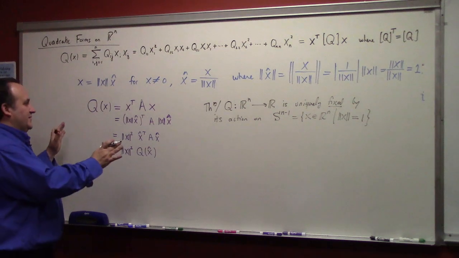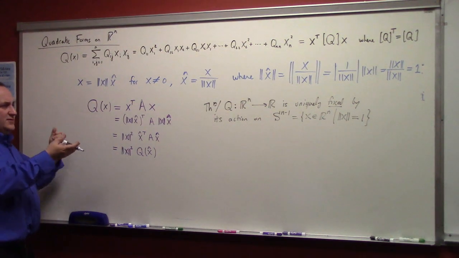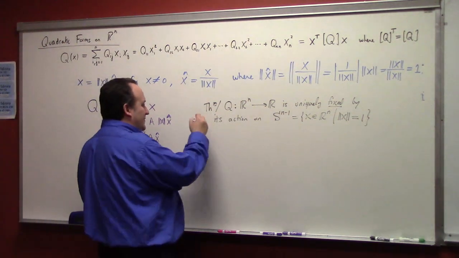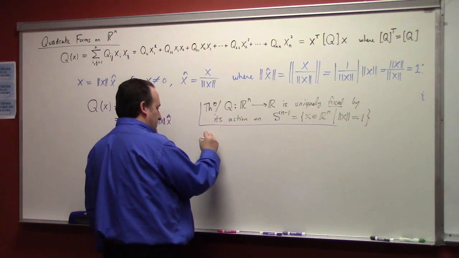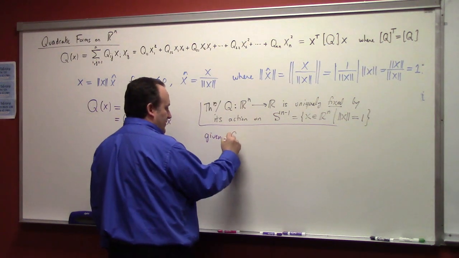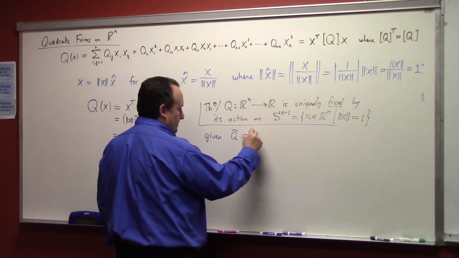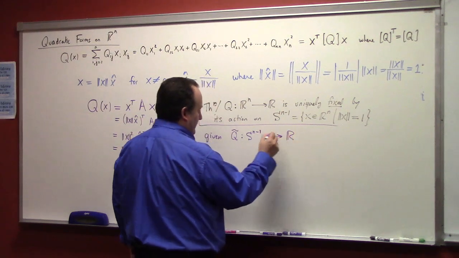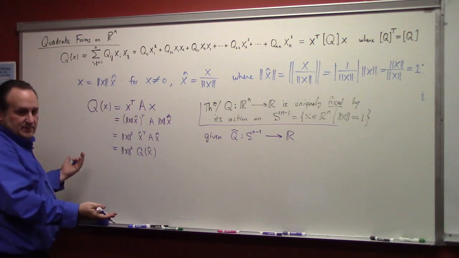And what I mean by this theorem is exactly this calculation. Let me just try to explain it more fully. Given Q tilde, a mapping from S^(n-1) to R, can you extend that?